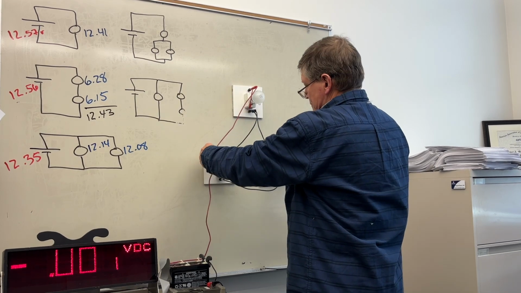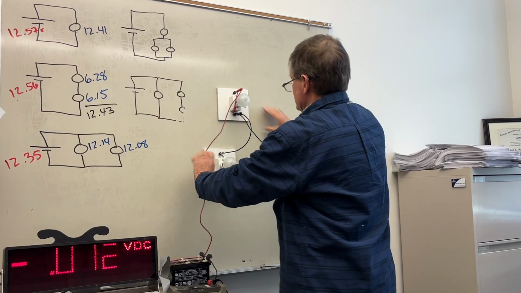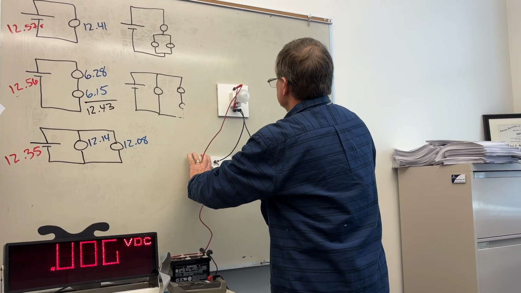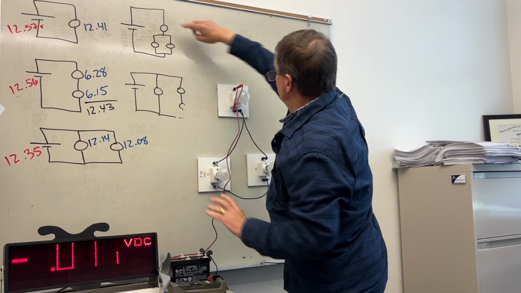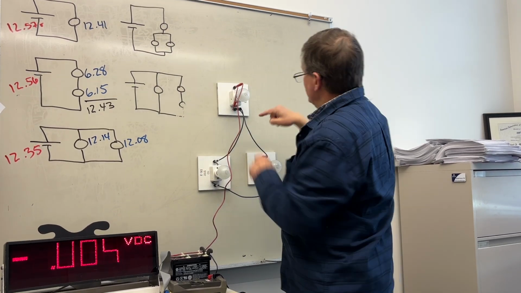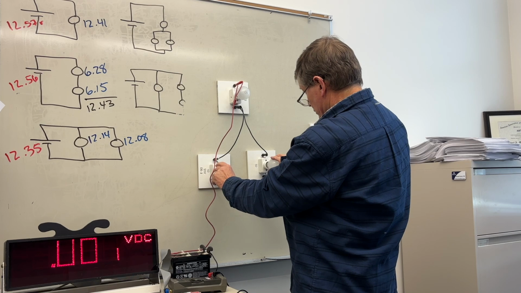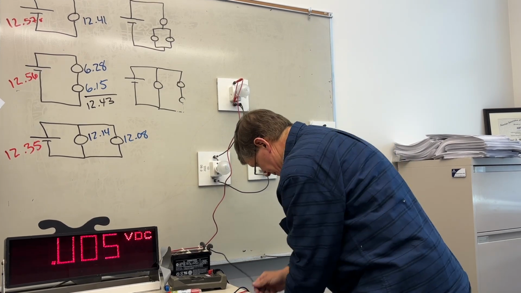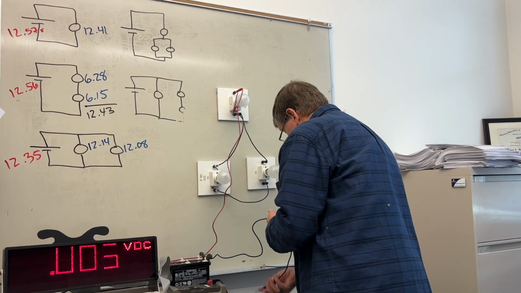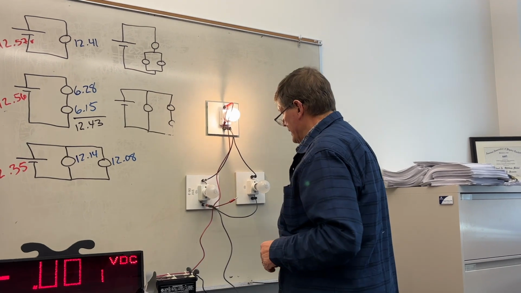The positive terminal is plugged into this bulb up here, and then it branches down to these two bulbs in parallel, and then that's going to be connected to the negative terminal of the battery.